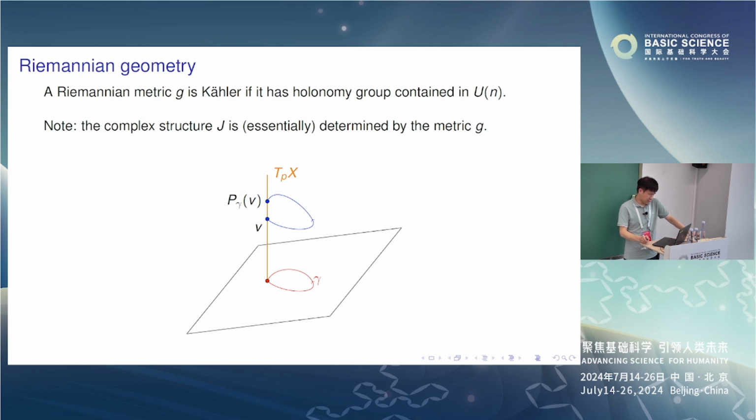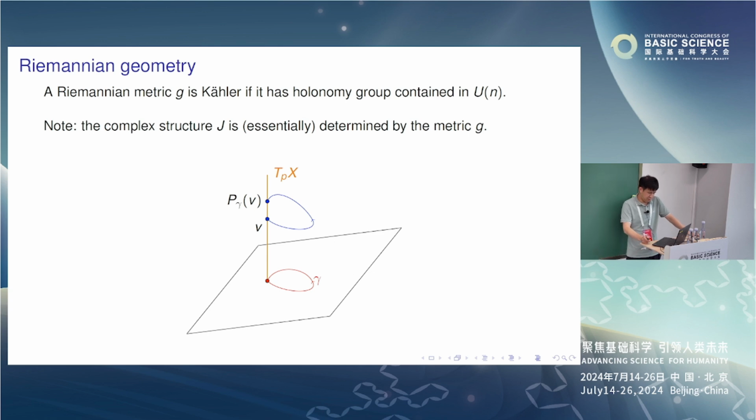It is because the complex structure, viewed as a tensor, is parallel with respect to the Levi-Civita connection of the Riemannian metric. Conversely, if you know that a Riemannian metric has holonomy group in U(n), then essentially you get a unique complex structure. There are some special cases, for example when the metric is hyperkahler, but the note that is important for me is that the complex structure is essentially determined by the metric.